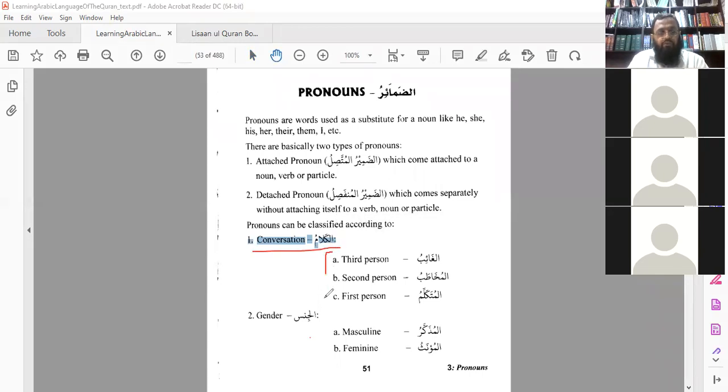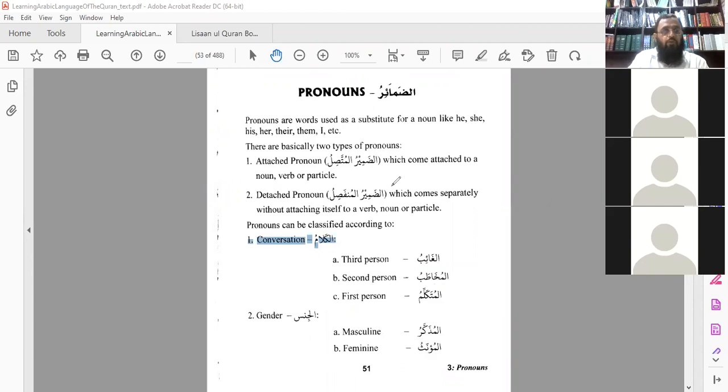There are three persons, because in Arabic we start from the third person, al-ghaib, then second person, al-mukhatab, and first person, al-mutakallim. Then again al-jins means gender: masculine gender, al-mudhakkar, and feminine gender, al-muannath. I hope that the things are clear for you. Yes, sir. MashaAllah, great.